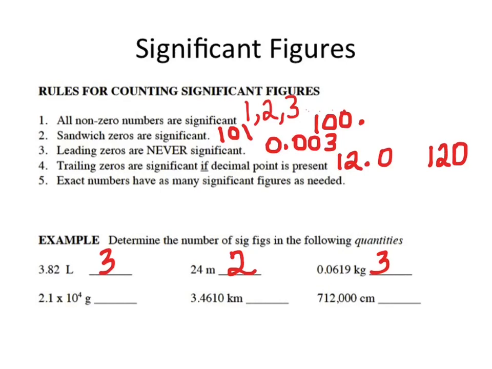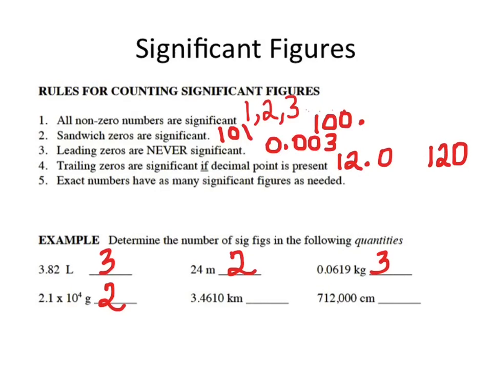Chandler, 2.1 times 10 to the 4th grams. 2. DeMarcus, 3.4610 kilometers. 4 or 5.